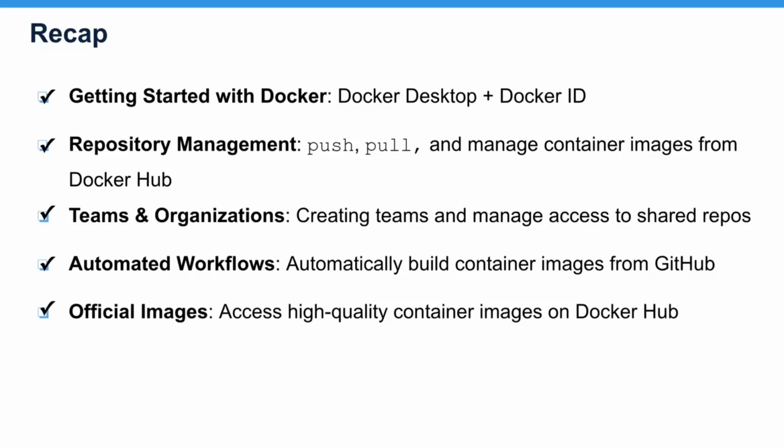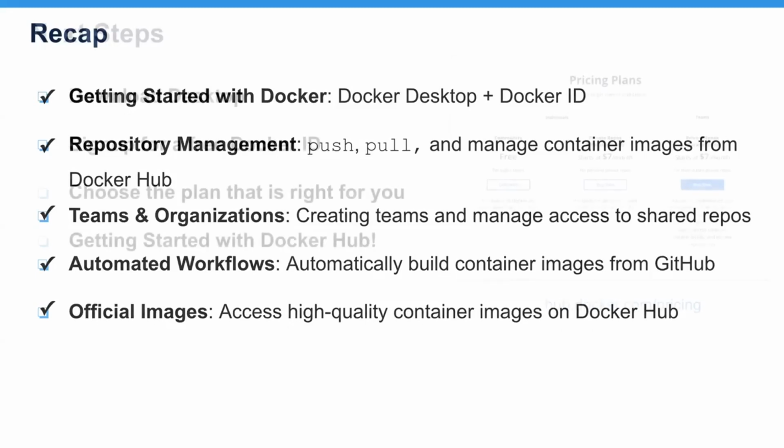And then finally, we took a quick look at the official images, 160 plus official images that are available on Docker Hub, including a number of base OSs, as well as drop-in solutions for different programming languages, programming language runtime environments, data stores, and other services.